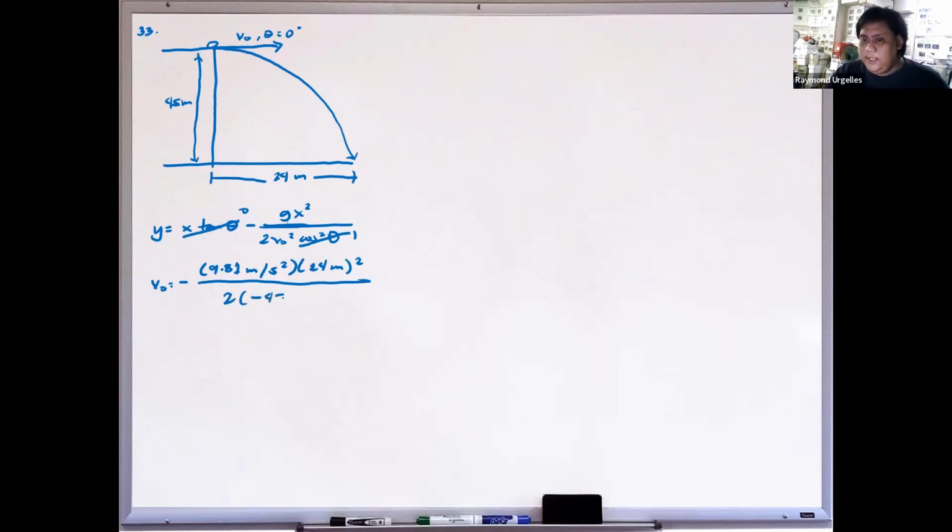It is negative because our y goes downward. We can cancel the negative sign and the meters, so this will be in meters per second. This is our initial velocity. You should be able to get 7.92 meters per second. So this is letter B.